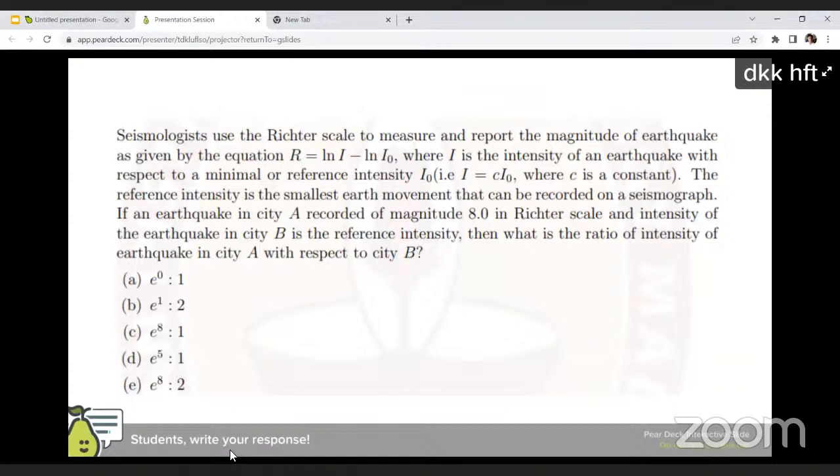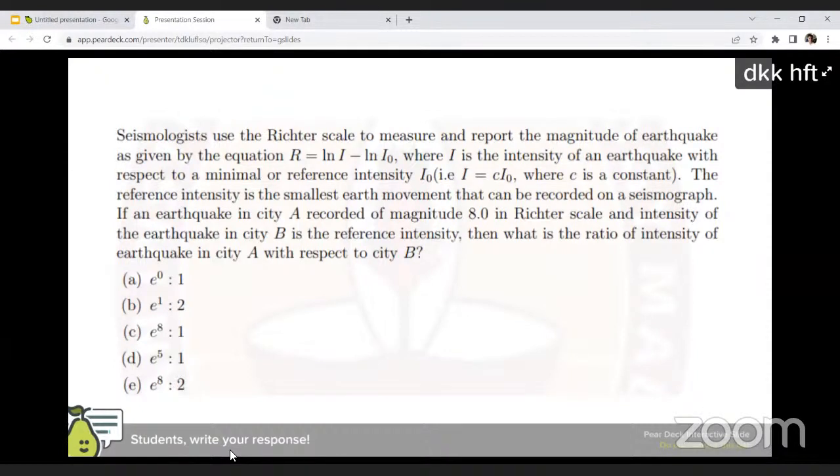So we have given the equation R that will measure the magnitude of earthquake, right? That is ln of I minus ln of I naught, where I is the intensity of an earthquake with respect to the minimum or reference intensity, that is I naught, which equals C times I naught, right? Then the reference intensity is the smallest earth movement that can be recorded on a seismograph.